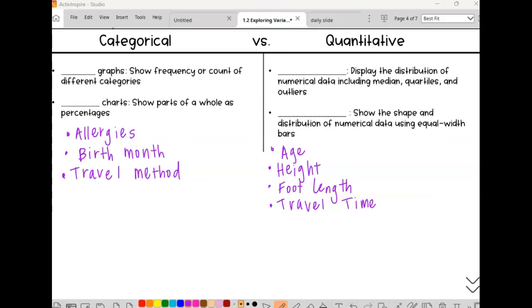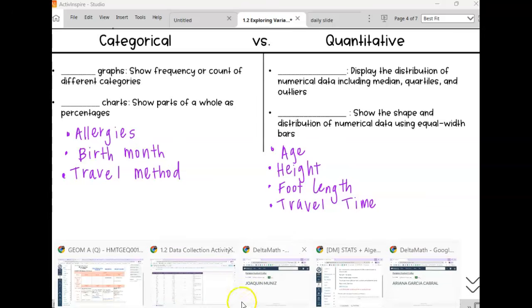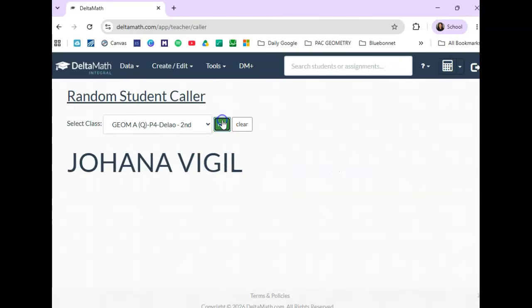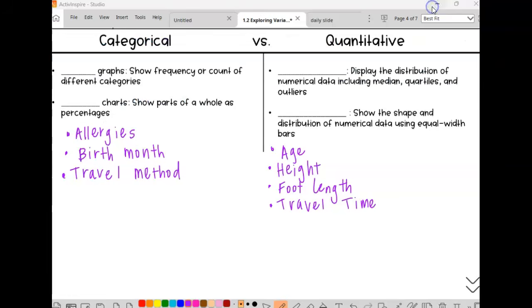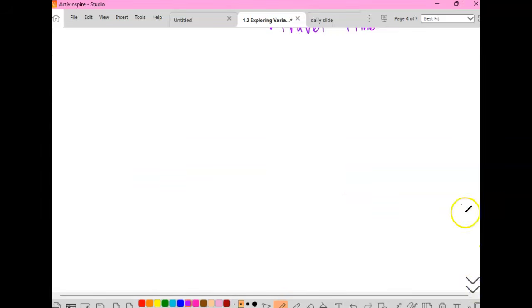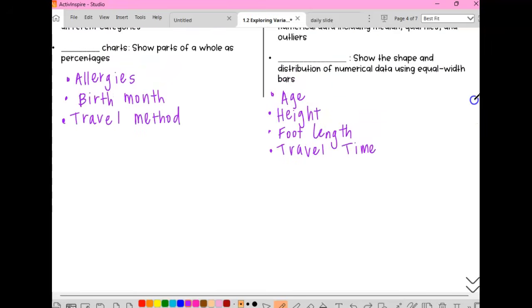All right, next question was, how many pets do you have? Joanna, was that categorical or quantitative? Yes. Number of pets, quantitative. Number, not hashtag.